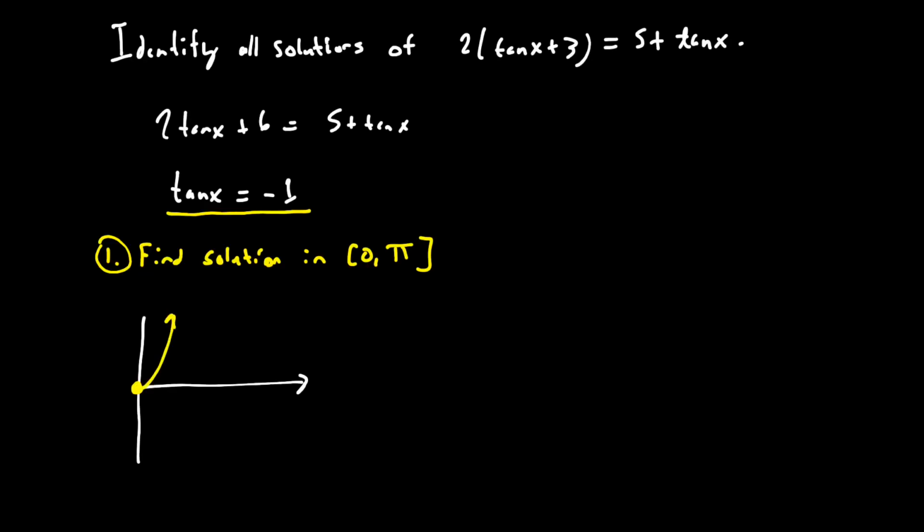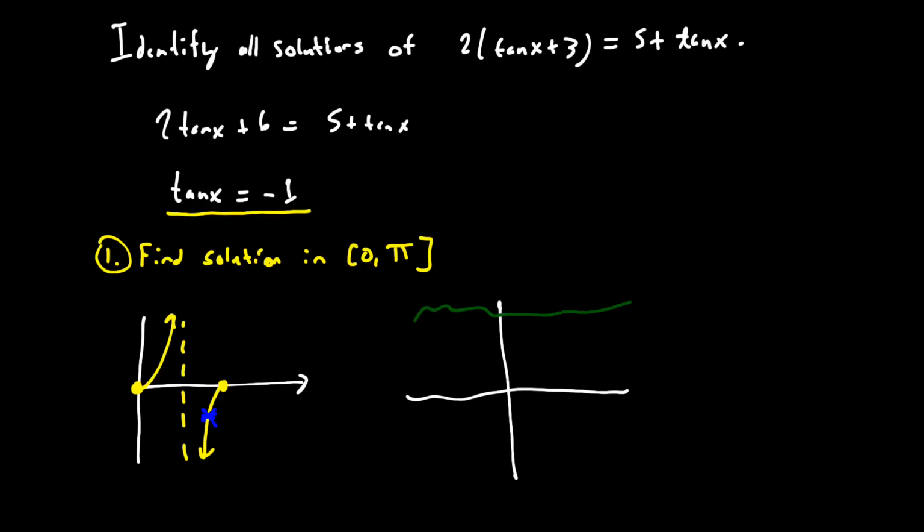The graph of our tan x roughly looks something like this on our given interval, and this tells us that we should have one solution here. Now, since we have one solution, we can go ahead and construct this. And again, we're only looking at this upper half over here, since we're restricting our angle between 0 and pi.